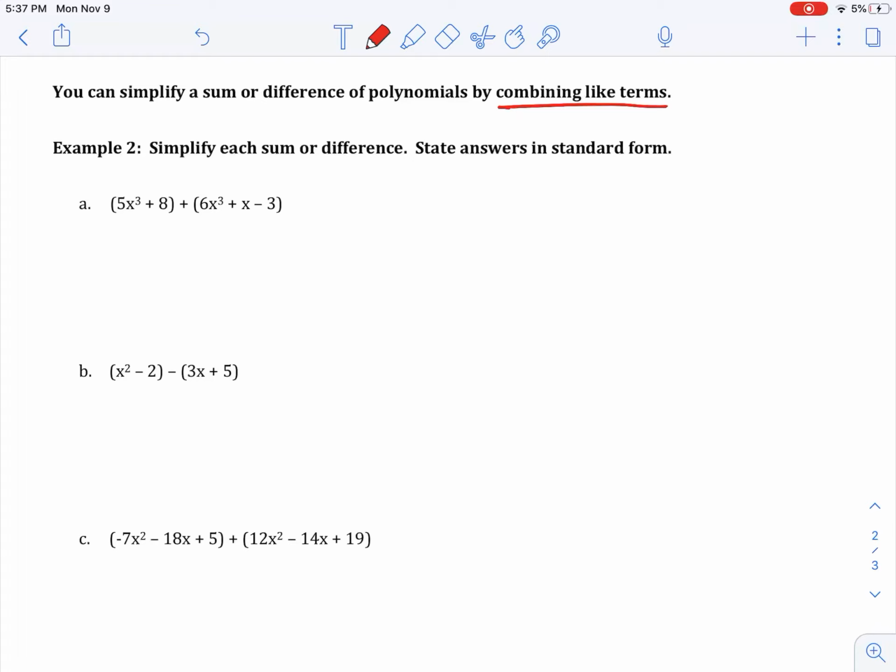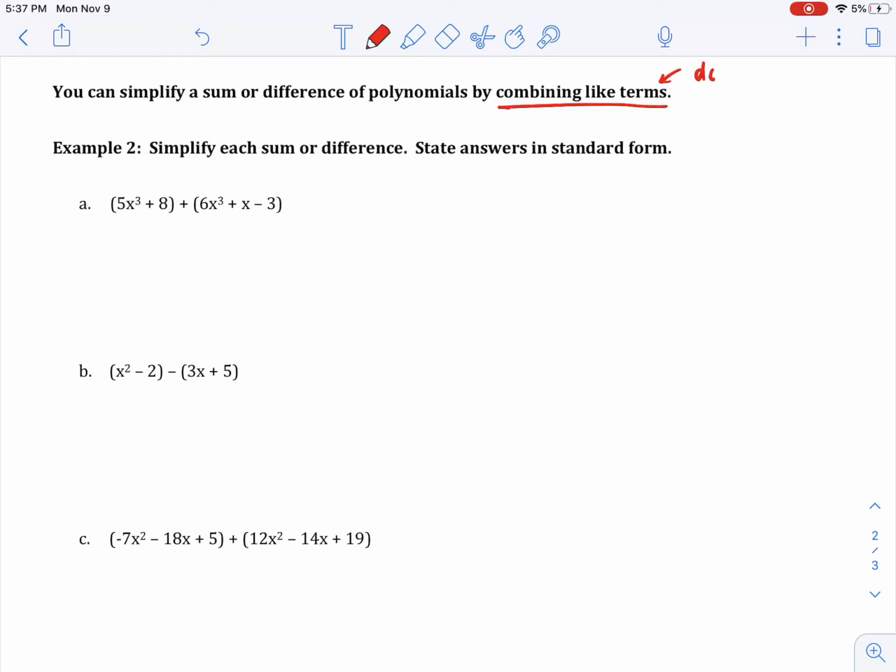And so we've just come off the exponent chapter. Let's remember that when we were in the exponent chapter, we were multiplying things together. We were multiplying terms that had exponents on them. We were not adding or subtracting them. So you know how to combine like terms probably in junior high. When we combine like terms, we do not change the exponent, right?